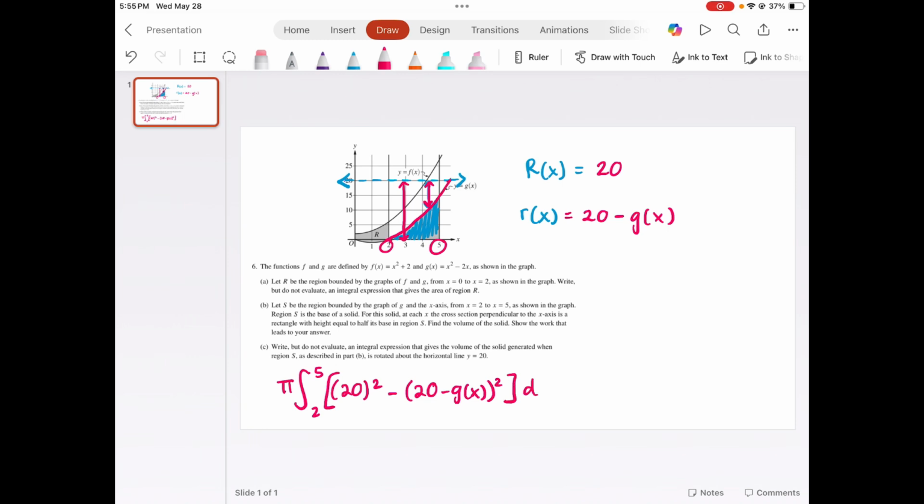And then all of that will be integrated with respect to x. So you could simplify this down a little bit, definitely, but you can leave it just like this. So this could be simplified down into 400. And then you could also, instead of putting g of x, plug in the function there. Also, if you already established what big R of x and little r of x are, you could just have those two squared as well. So there's a lot of different options on how you could actually set this up, but here's one option.